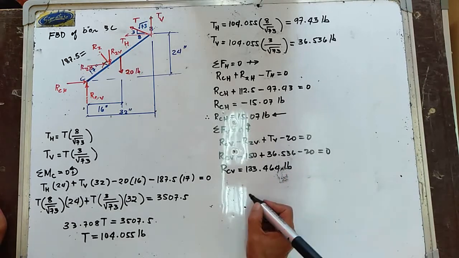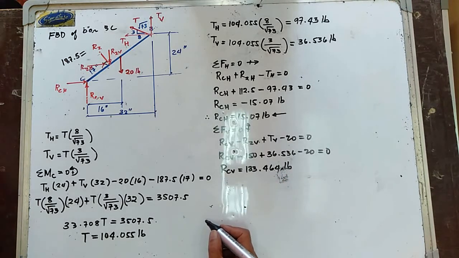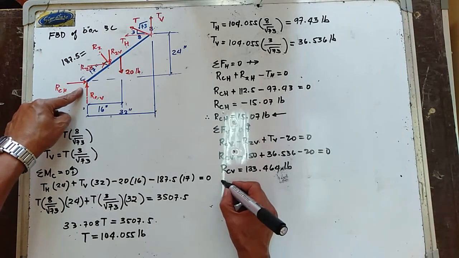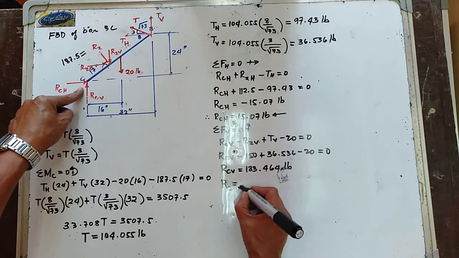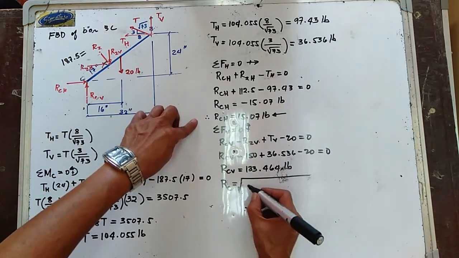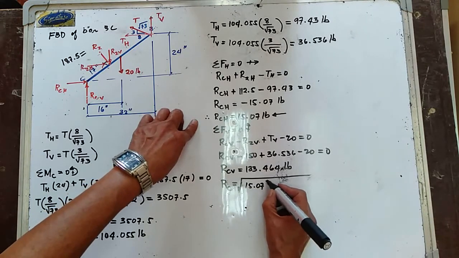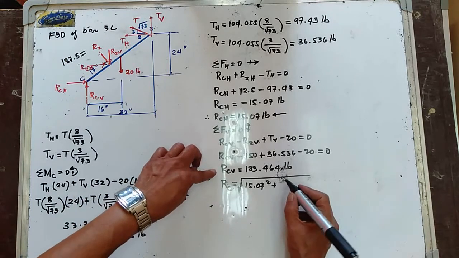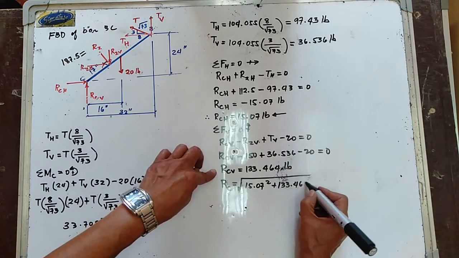Let us now determine the total reaction at point C, which we consider as RC. This is equal to the square root of RC horizontal squared, 15.07 squared, plus RC vertical squared.